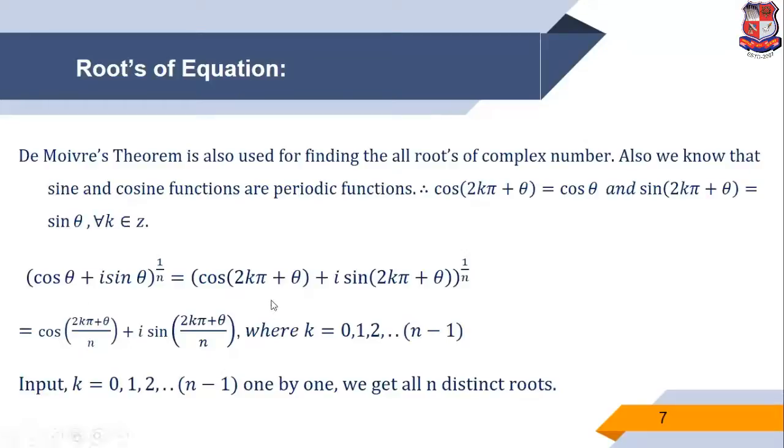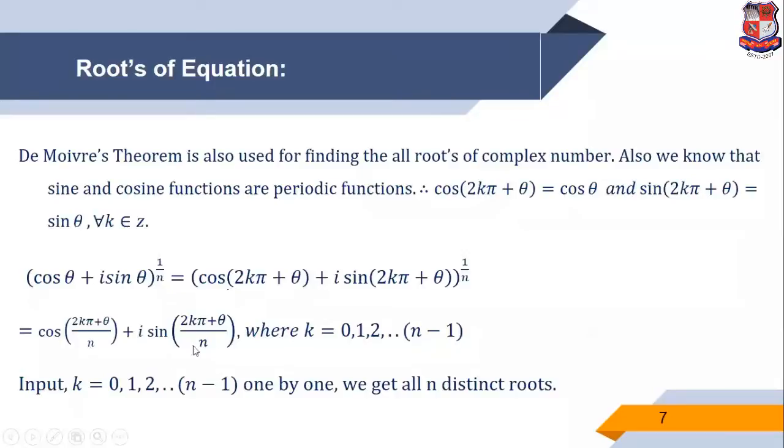Now we use De Moivre's theorem. So raised to n means multiply the angle by n, so raised to 1 upon n, we write cos of this term into 1 by n. Then we write cos 2k pi plus theta upon n plus I sin 2k pi plus theta upon n, where k is 0, 1, 2 up to n minus 1.